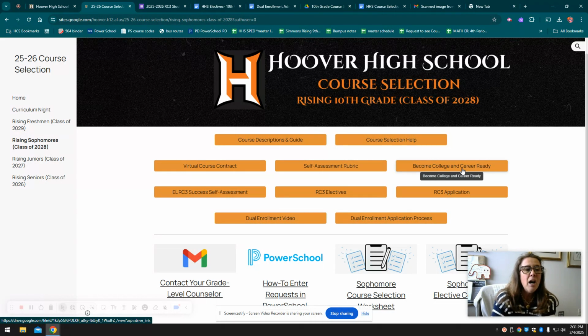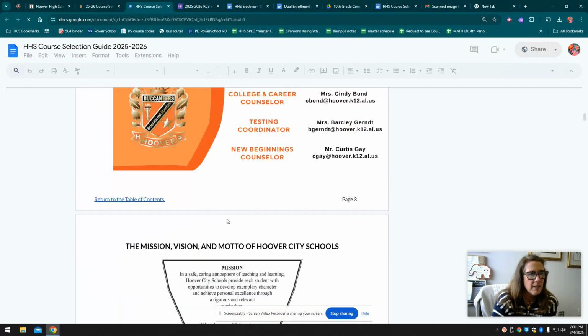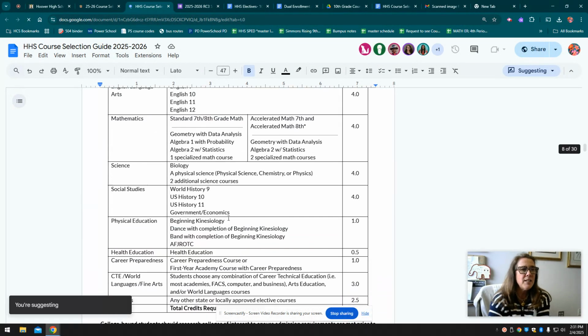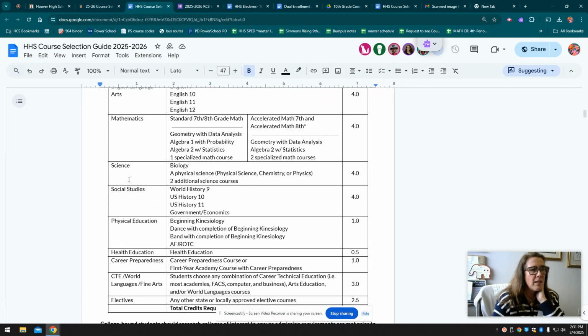I also want to make sure that you understand what it means to be college and career ready. Of course, students will have to meet the requirements for graduation, and that can be found in the course description guide that I showed you earlier. I think it's right at the beginning. Yes, right here. This goes over the requirements for graduation in the state of Alabama, and it hasn't changed.